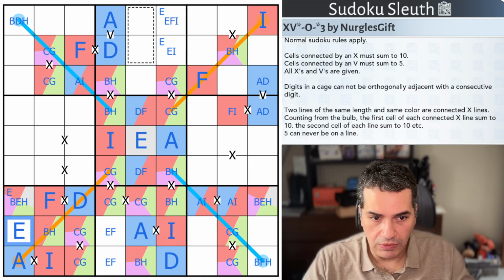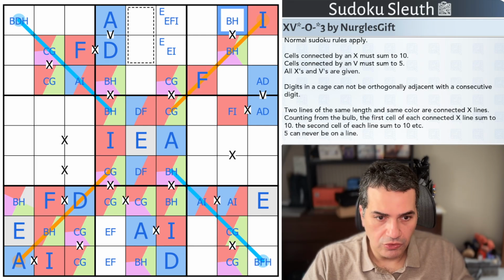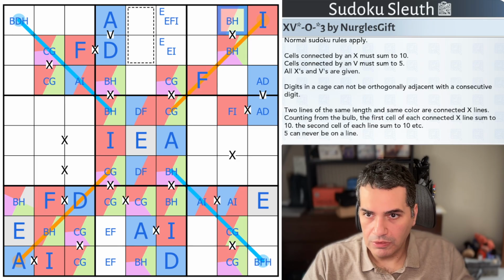So this is E. This is not E. This is E. This is, of course, another BH, and it's the green-red, the non-purple green-red.